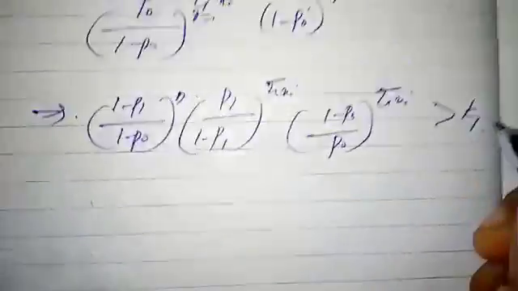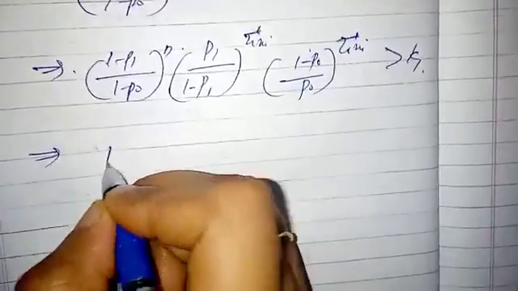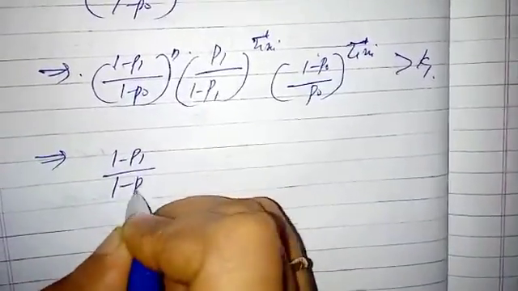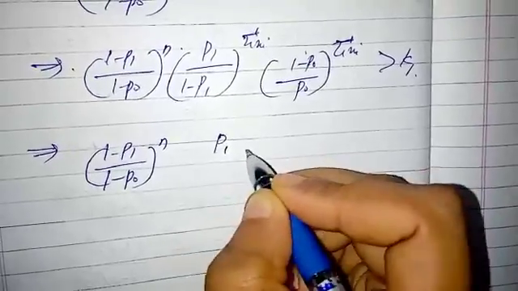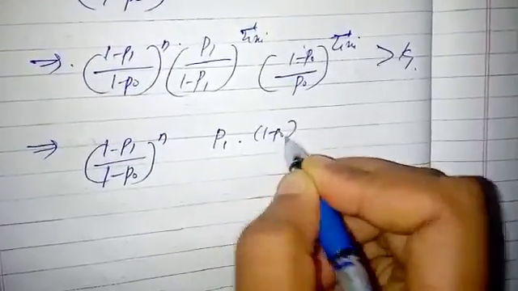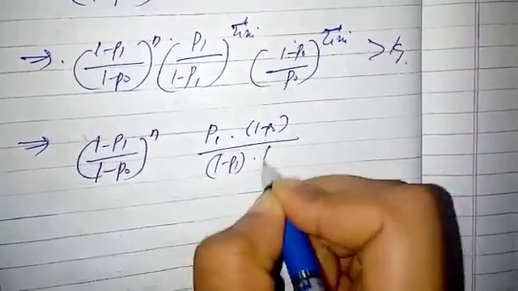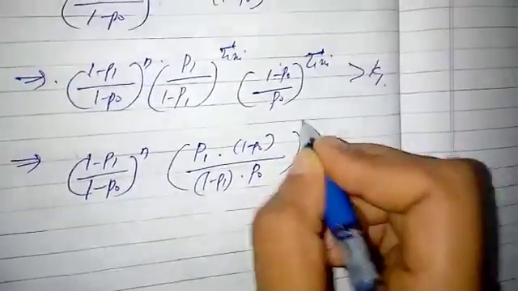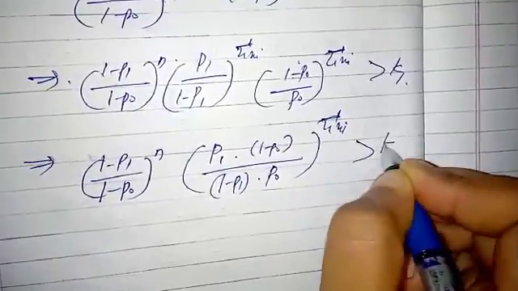We can write these two terms together because the powers are the same: 1 minus p1 divided by 1 minus p naught, power n, times p1 into 1 minus p naught divided by 1 minus p1 into p naught, whole power summation xi, which is greater than k1.